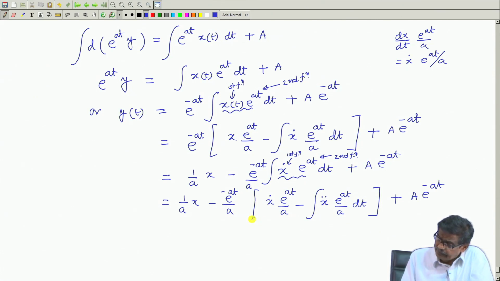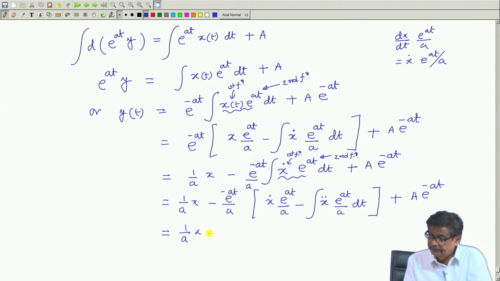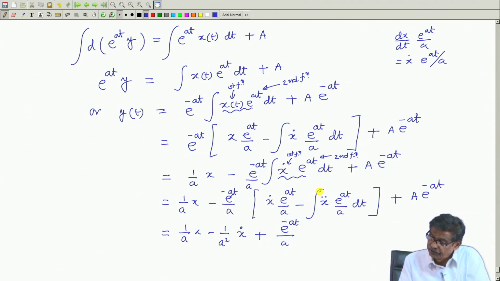So, once again open this bracket and you will get 1 over a x minus e to the power minus a t, the e to the power a t will go and you will be left with 1 over a square into x dot, then plus, this minus plus, and you will be left with e to the power minus a t by a before this integration.